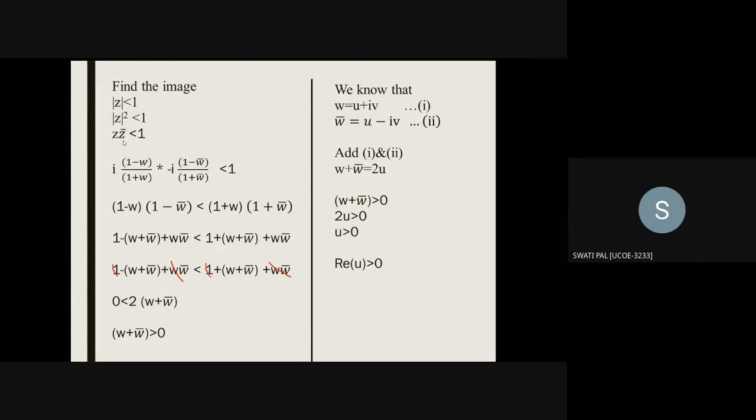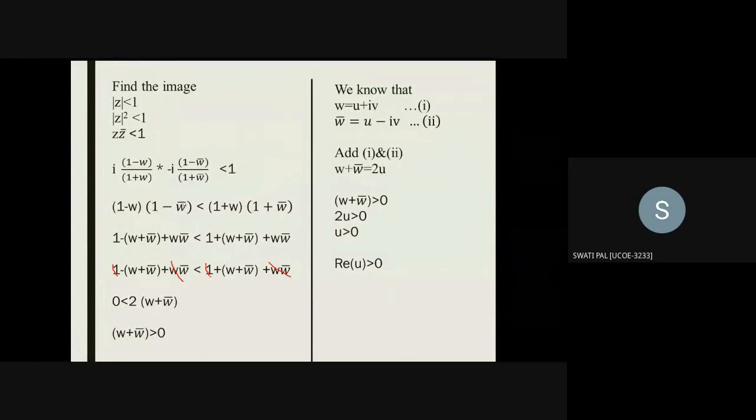The value of z bar is the negation of the value of z, that is, z bar equals minus i into (1 minus w bar) upon (1 plus w bar). So put this value in the above equation, we find that i into (1 minus w) upon (1 plus w) into minus i into (1 minus w bar) upon (1 plus w bar) is less than 1.